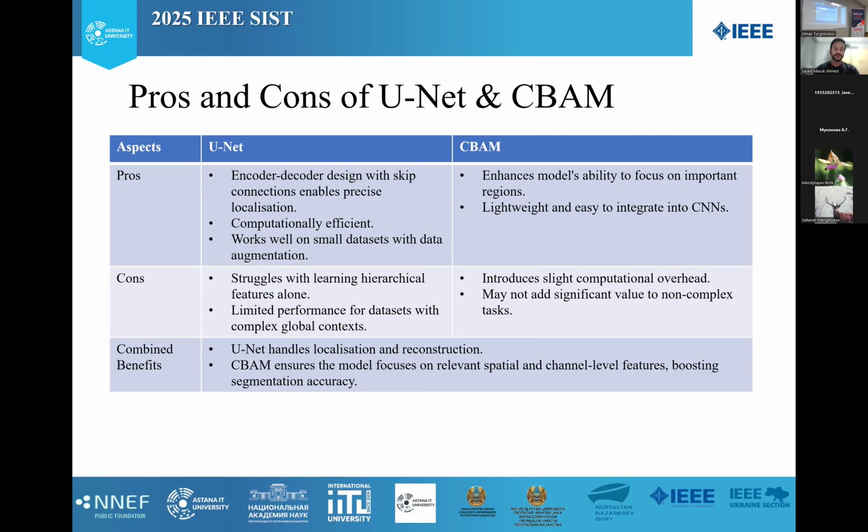And the cons: UNet struggles with learning hierarchical features alone, with limited performance for datasets with complex global contexts. And CBAM introduces slightly more computational overhead and may not add significant value to non-complex tasks. But if we combine the benefits of both, UNet handles localization and reconstruction, and CBAM ensures the model focuses on relevant spatial and channel-level features, boosting the segmentation accuracy.